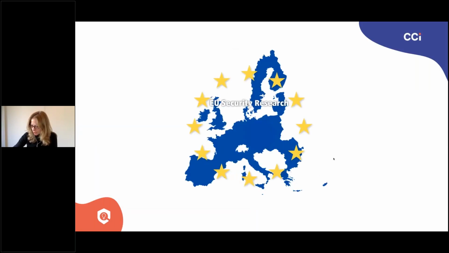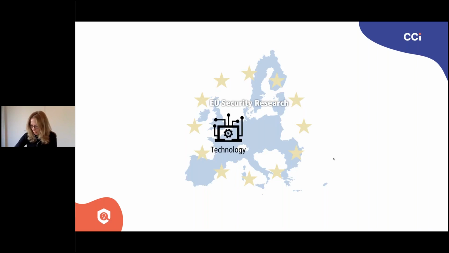The European Security Research Programme was set up by industry, the military, key researchers and the European Commission. Its focus at the beginning was very much on technology and on the military, and very much less on human aspects and societal aspects, including ethical issues.